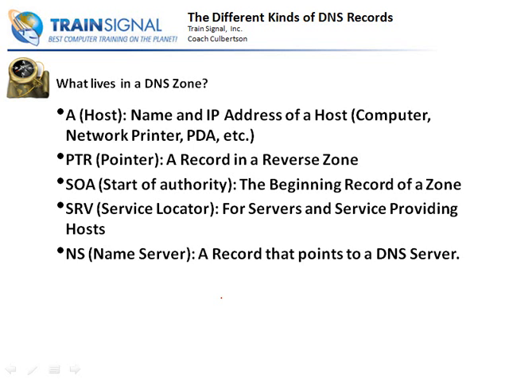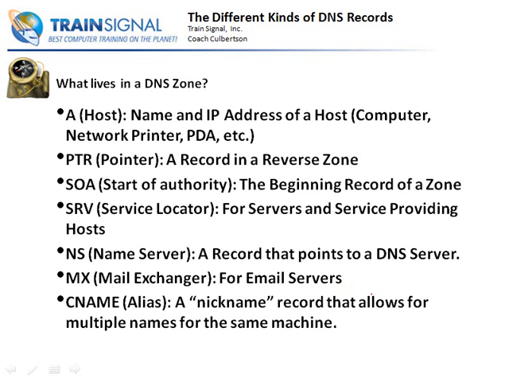A name server record or NS record is just a record that points to a DNS server. Hey, that's a pretty simple one. But we also want to keep track of all of the name servers, the DNS servers in our network as well. An MX record is for email servers. When we need to make sure our DNS server knows where to find the email servers, we use what we call an MX record, mail exchanger.